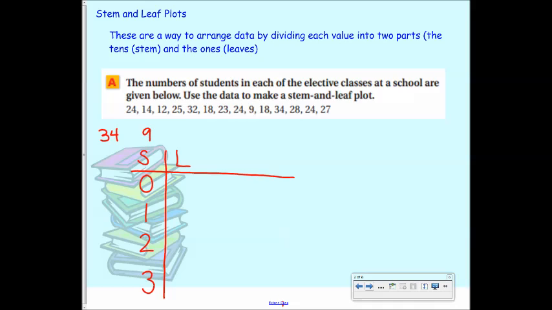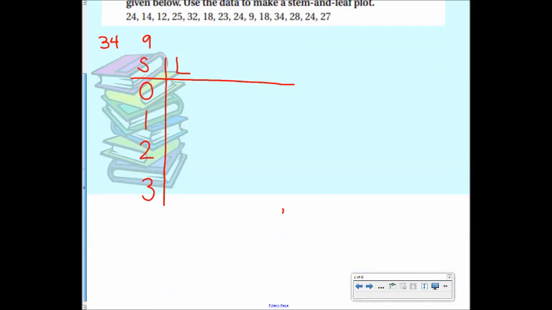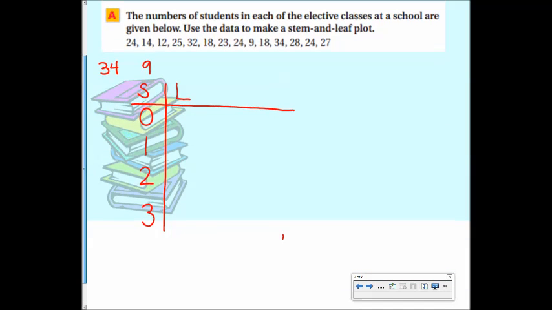So to do that, we go through, and how many numbers in here have just one digit? Just 9. So I'm going to put this in my leaf right here, 9, and that's it. So that just represents how many numbers? 1. It's just one number. 0, 9 is just one number.